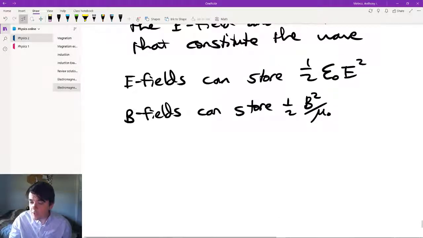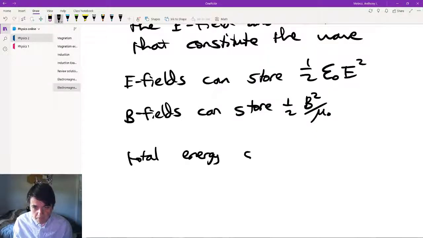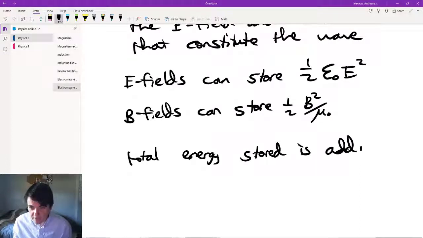So the total energy stored is added together.